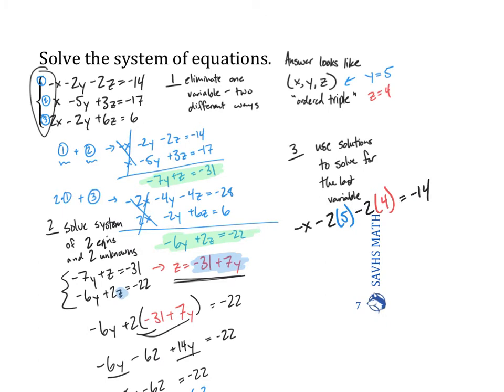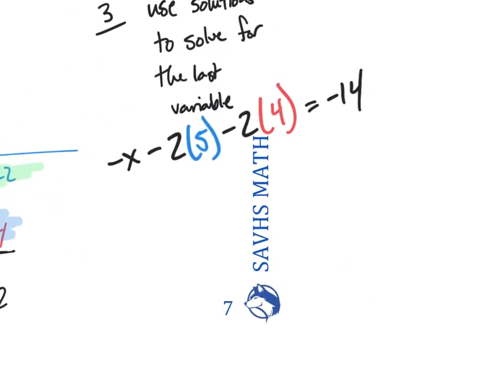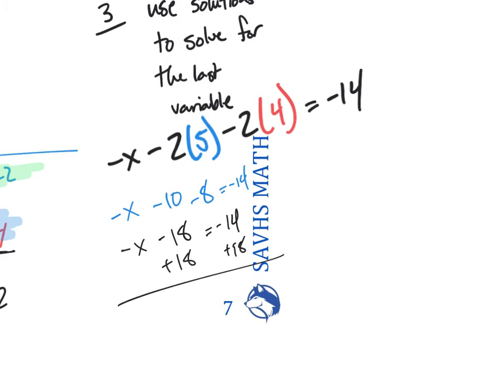So then I have to solve. So this is going to be negative x minus 10 minus 8 equals negative 14. So I get negative x minus 18 is negative 14. Add 18, I get negative x is equal to 4.